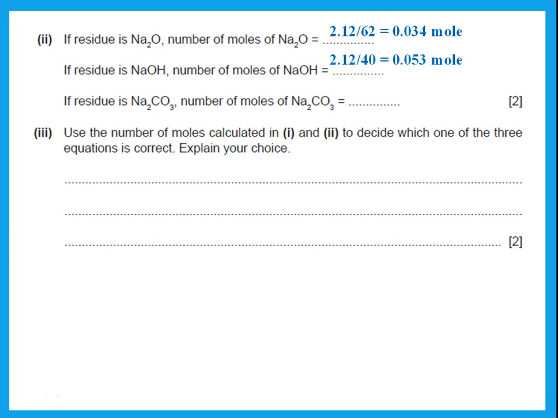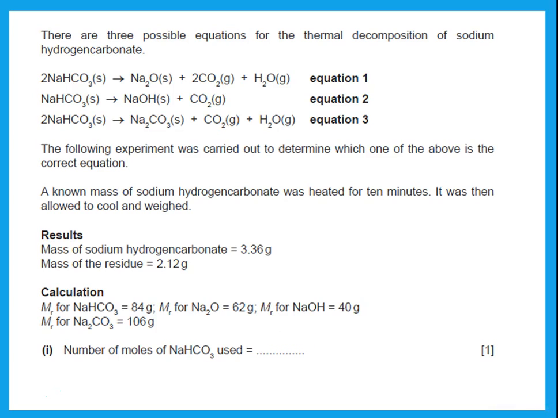Now, I'm going to go back again to the 3 equations. One of them, equation 1, says that the number of moles of the residue should be half the number of moles of what I started with. If it's equation 2, then the number of moles in A should be the same as the number of moles in sodium hydrogen carbonate.